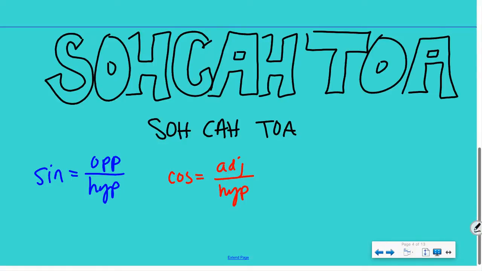And then the TOA is what we did yesterday, the tangent. The tangent is the opposite side over the adjacent side. Do you see how it works?